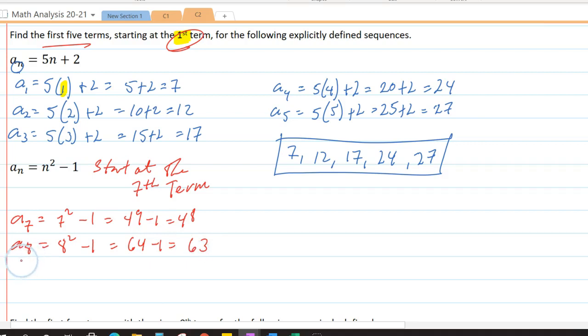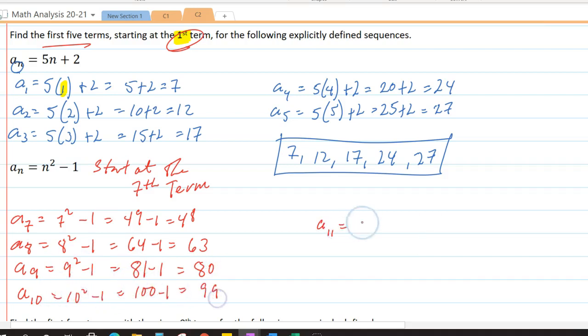And we would keep doing this for 5 terms. So the first 5 terms of a sub n equals n squared minus 1, starting at the 7th term, are 48, 63, 80, 99, and 120.